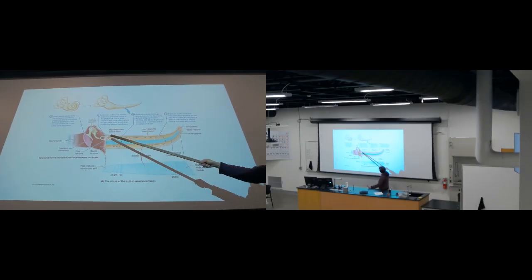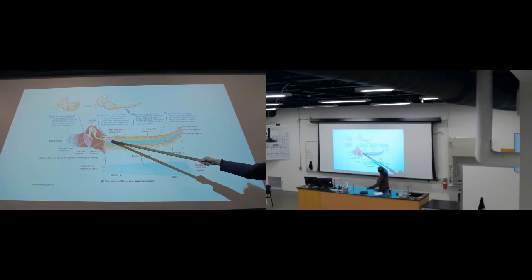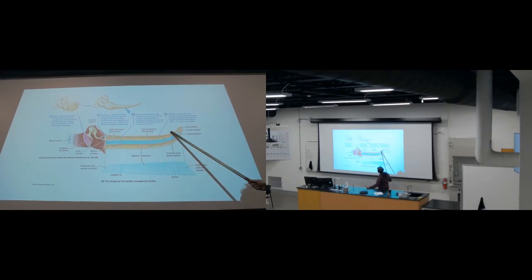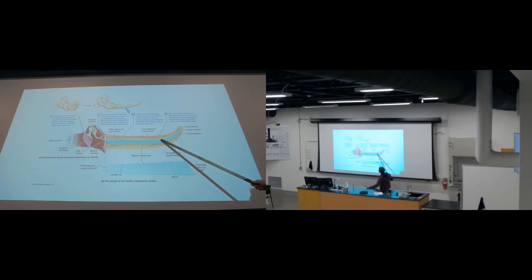Then when this oval window is opened and closed by the stapes, you create pressure waves. And these pressure waves migrate through a fluid called perilymph in this upper part of this membrane. So this is the basilar membrane.